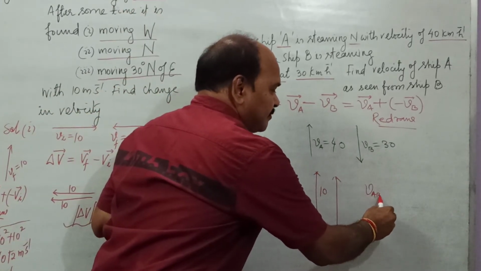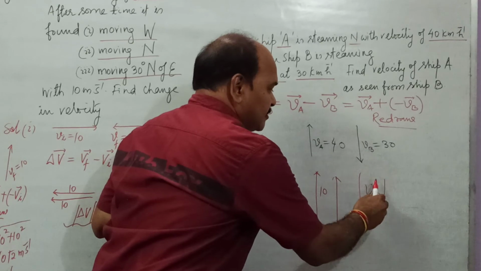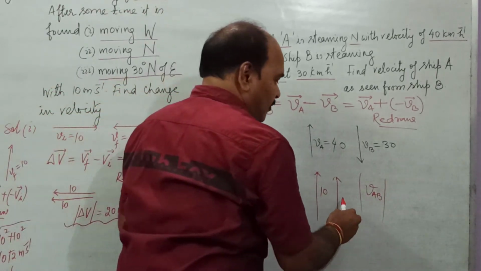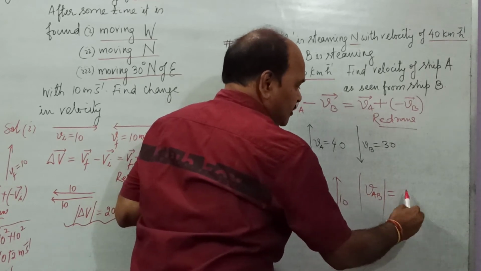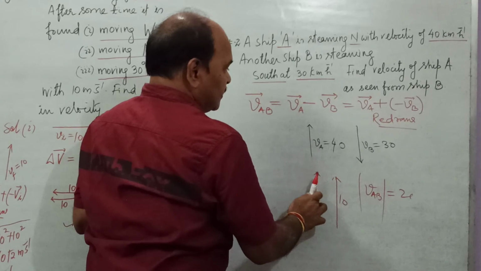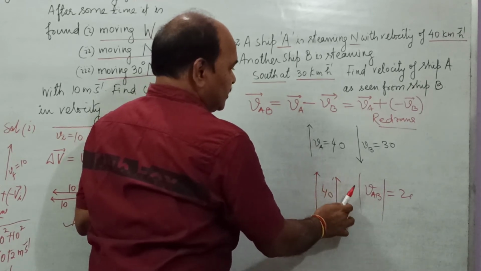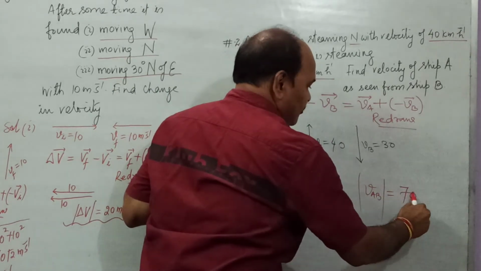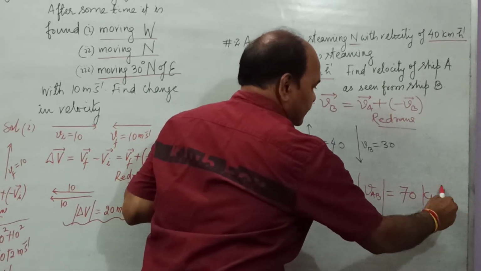And the sum of parallel vectors is what? The sum of parallel vectors is their simple sum. So the sum is going to be the value of this relative velocity. The sum is 40 and 30, which is going to be 70 kilometer per hour.